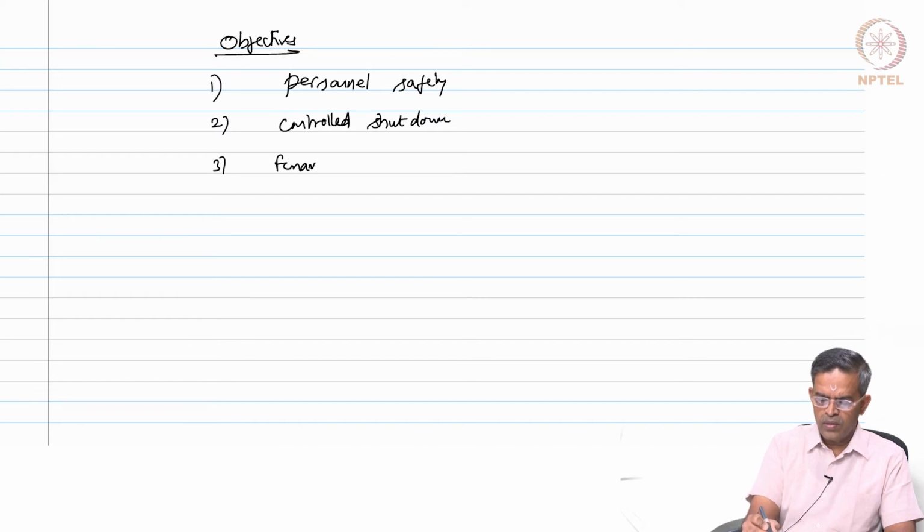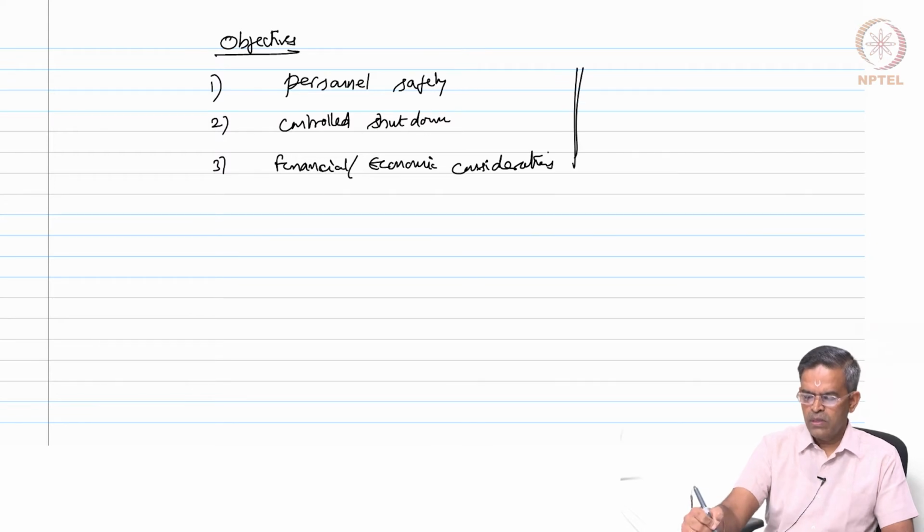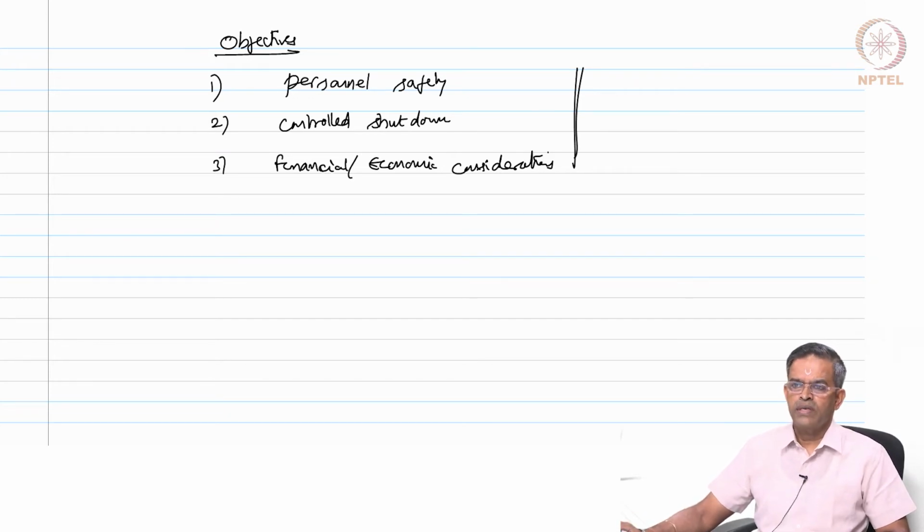Financial or economic considerations. So, these are the 3 factors which control the objective of blast resistant design. Let us see one by one in detail.